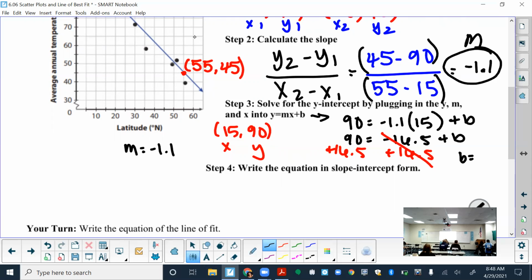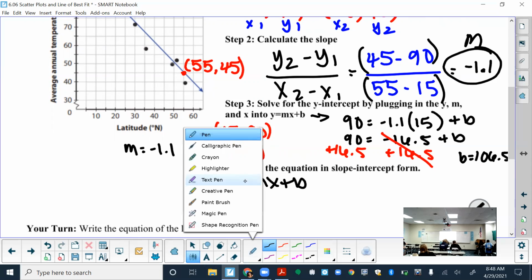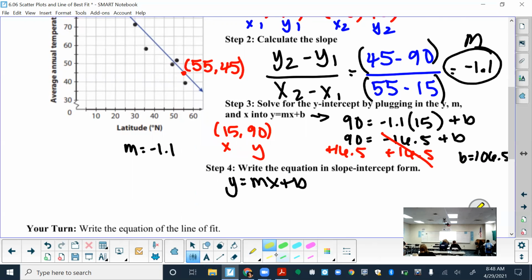106.5 is what I said for the b value. All right, and then to write the equation, we're writing it in slope-intercept form. What letters do we replace with numbers? Do we replace the y with a number usually? Do we replace the m with a number usually?